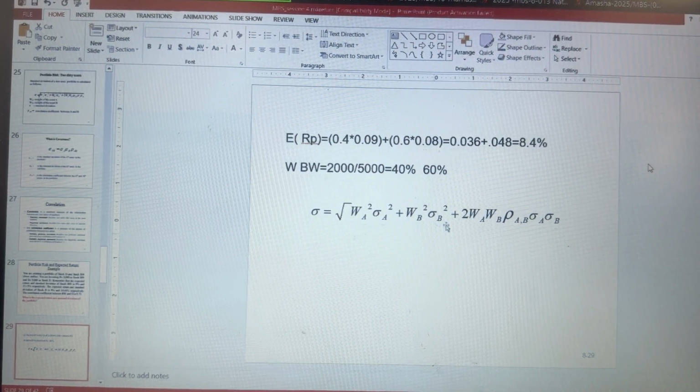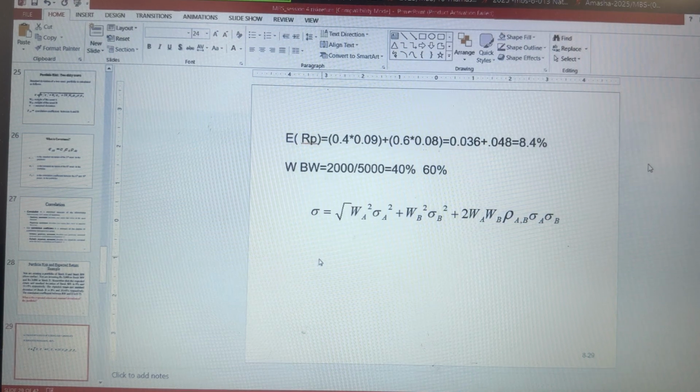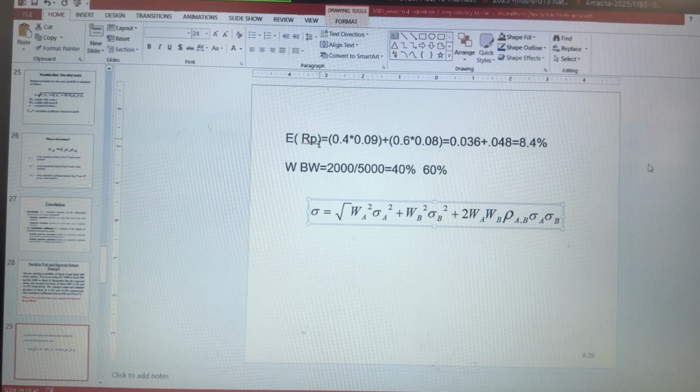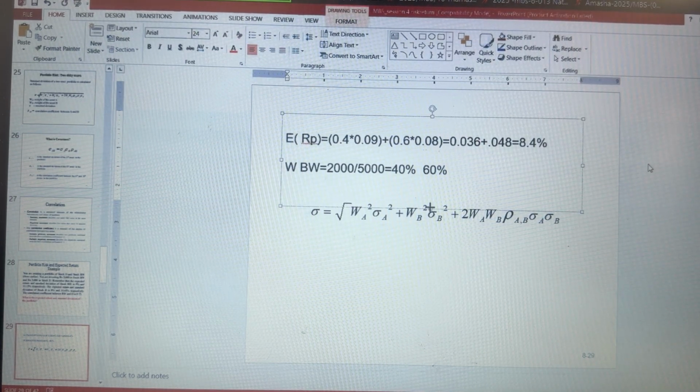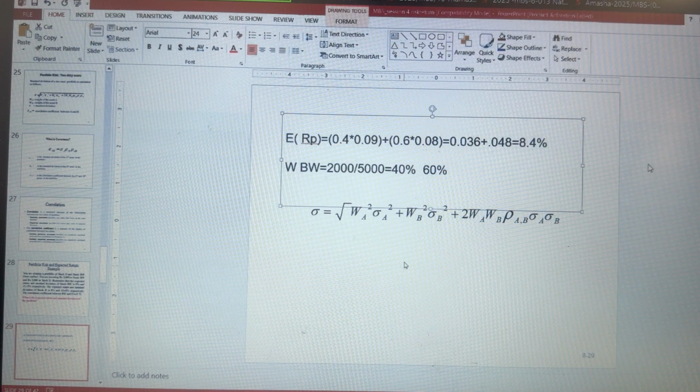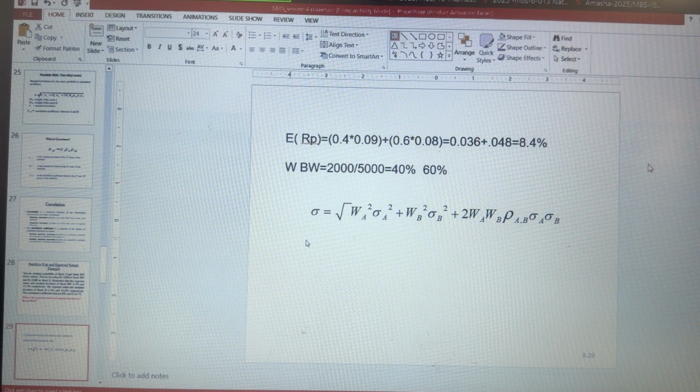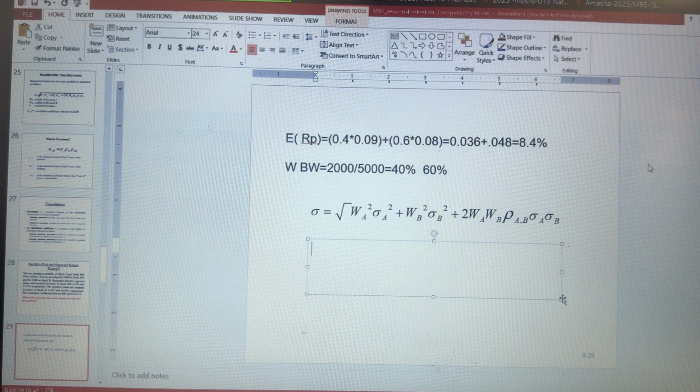Right, this is the standard deviation equation. Now, if you replace the values based on this for our calculation, how can we calculate the standard deviation of the portfolio? The weight of asset A, BW, is 0.4, power 2.